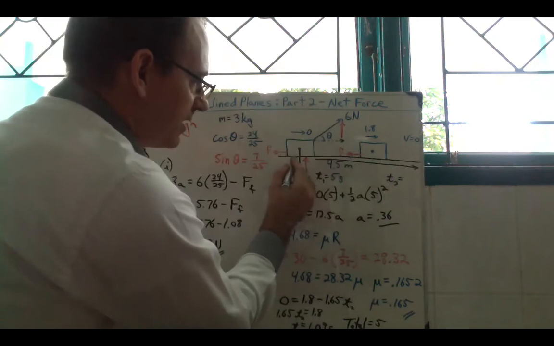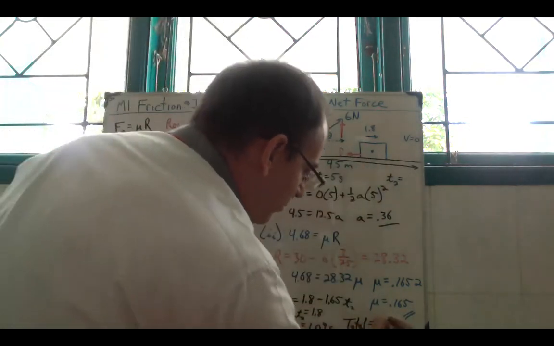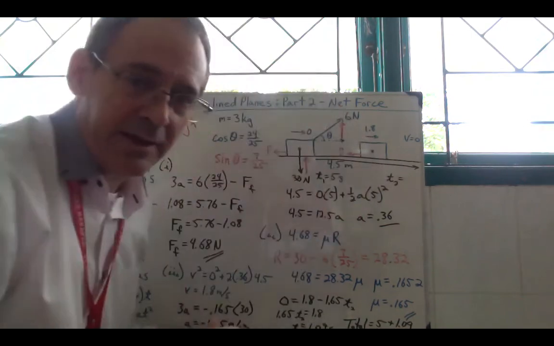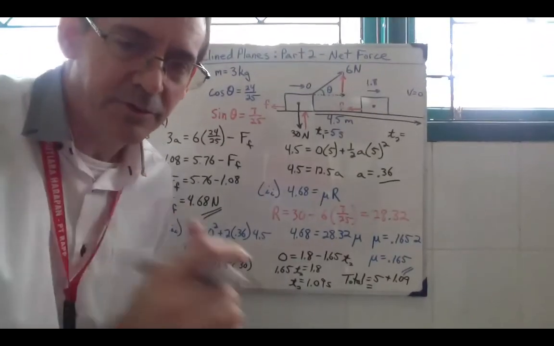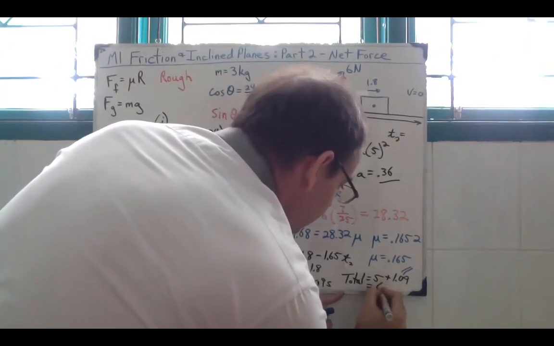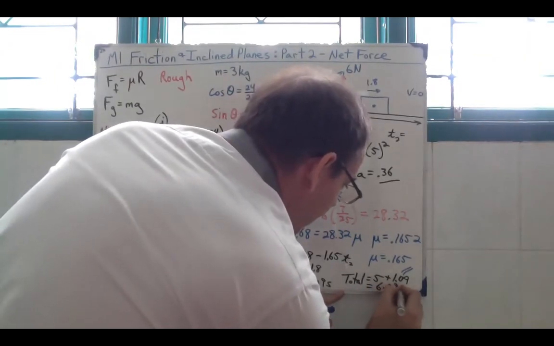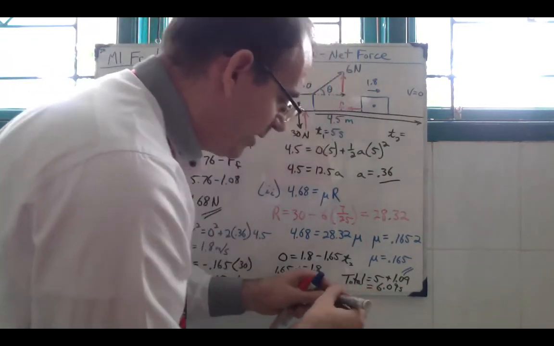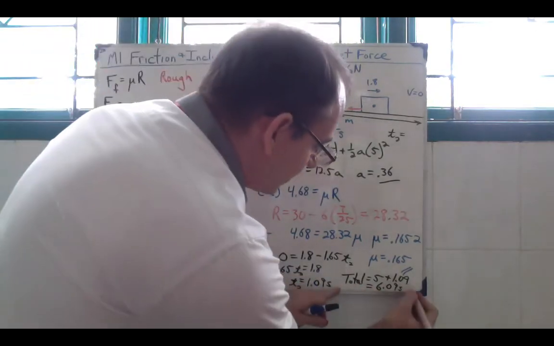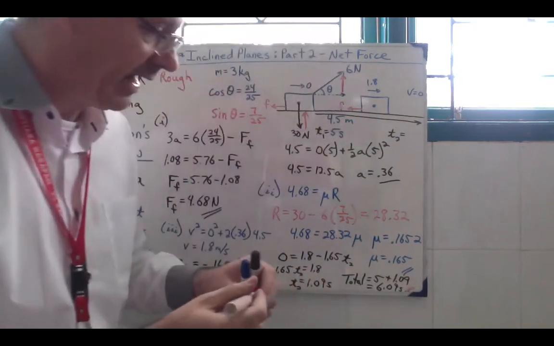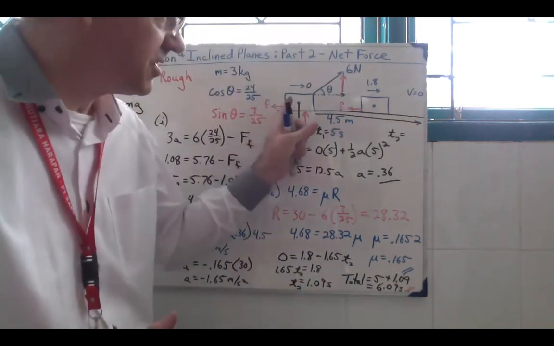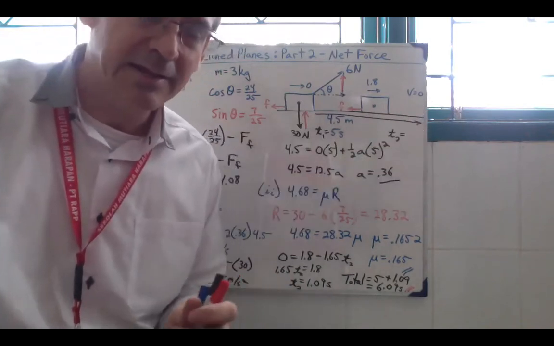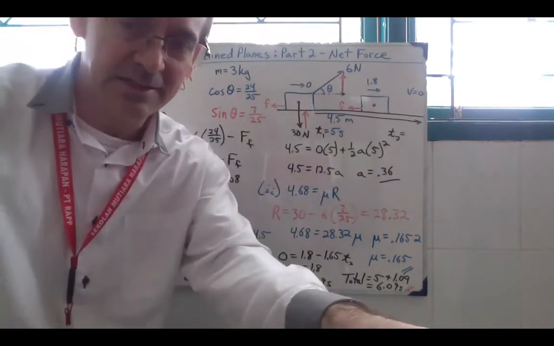That's the 5 seconds it took to get from here to here, plus the 1.09 equals, and I hope that you can see that. Let me move that down. 6.09 seconds, just barely got it in there. So 6.09 seconds is the total amount of time that it took for the object to get from the starting point until it came to rest at the end.